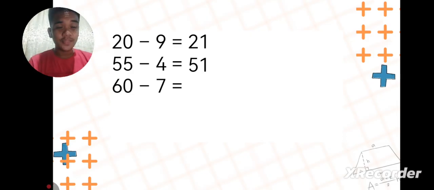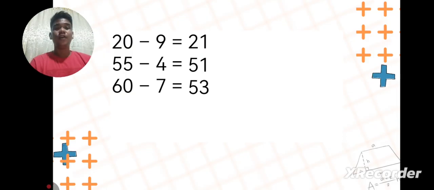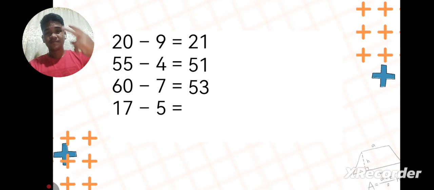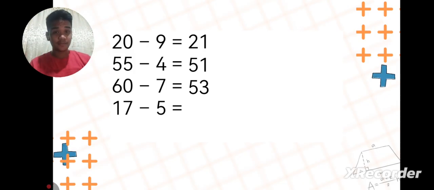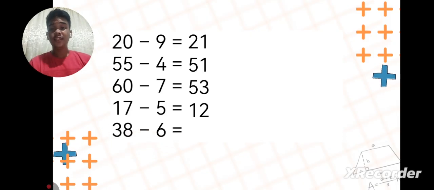Time's up. 60 minus 7 equals 53. For number 4, 17 minus 5 equals 12. Now the last one, the last number. 38 minus 6 equals.